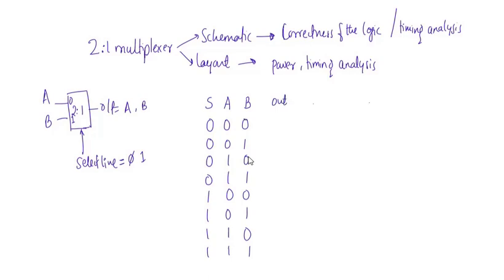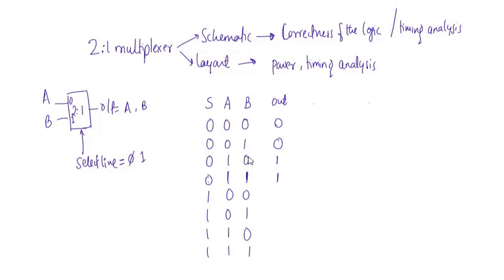So here, if my select line is 0, my output should be whatever is present in the 0th line of the input, that means A. So whatever is present in A will come over here, means 0. Same is the case over here, select line is 0, so whatever is present in A will come over here. Same is the case here, 0 means A will be selected. Of course there are two 1s. Now the 1 that is present in A will be coming over here.